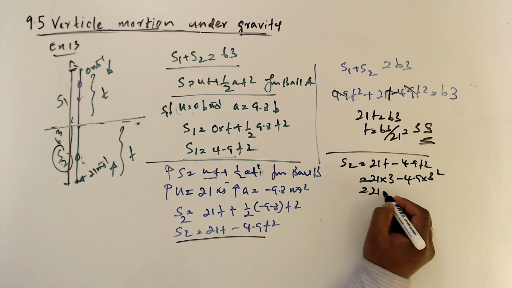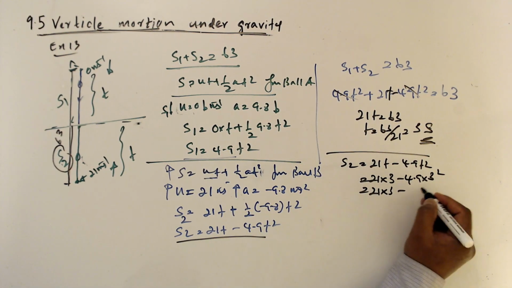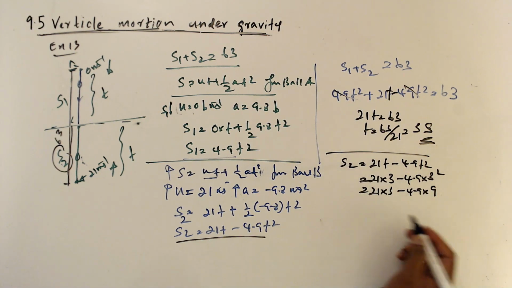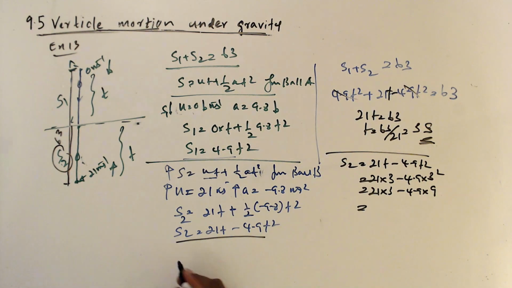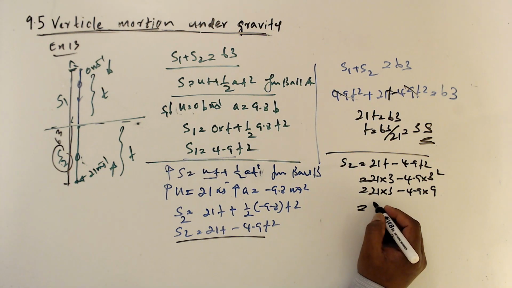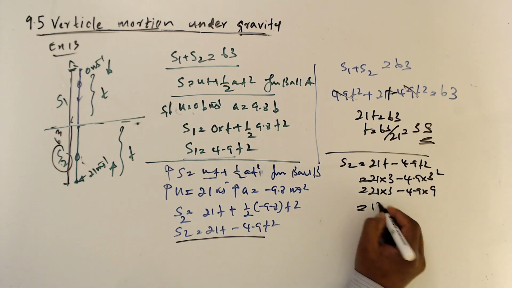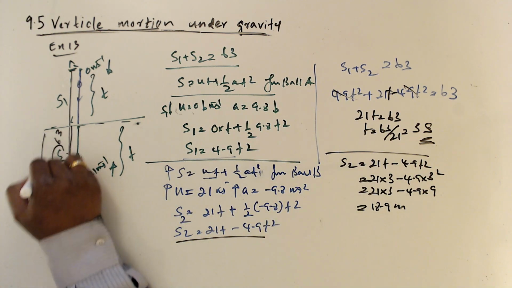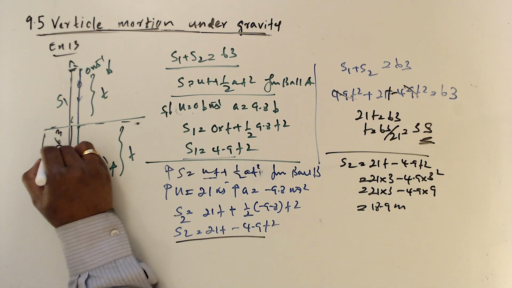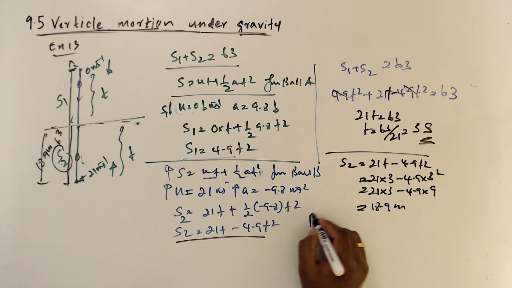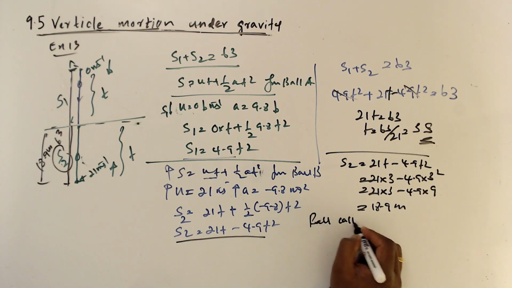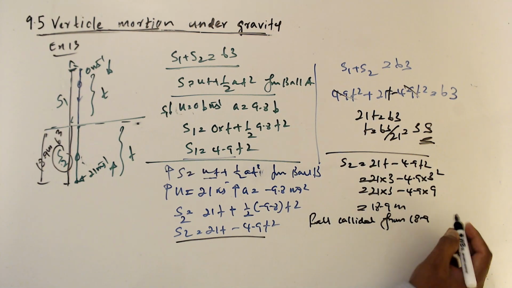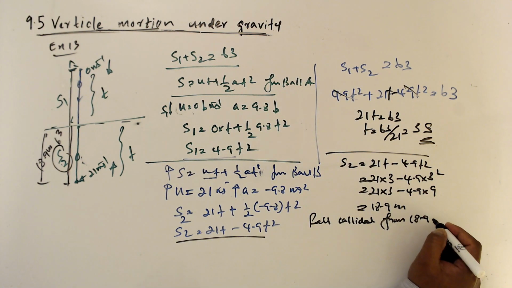So 63 minus 4.9 times 9. That gives 18.9 meter. This distance is 18.9 meter. The balls collided 18.9 meter from the bottom.